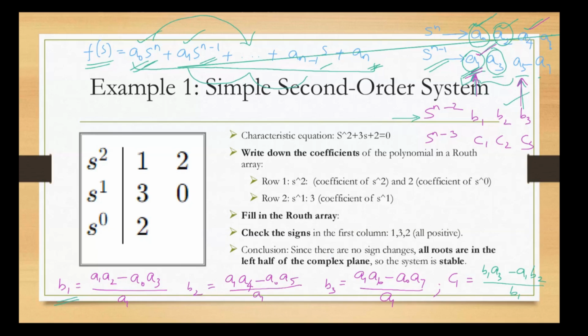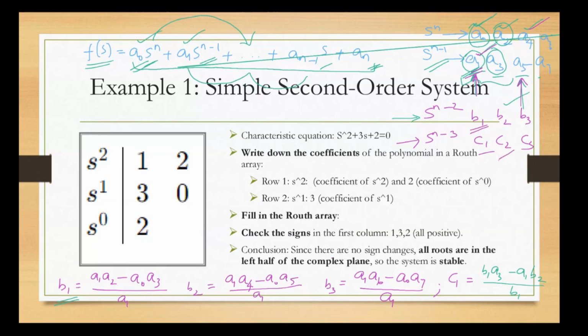Similarly, in the row below, s raised to n minus 3, we will have the elements c1, c2, c3. c1 will be calculated from the previous two rows, considering the first and the second column. c1 will be b1 into a3 minus a1 into b2, divided by b1.